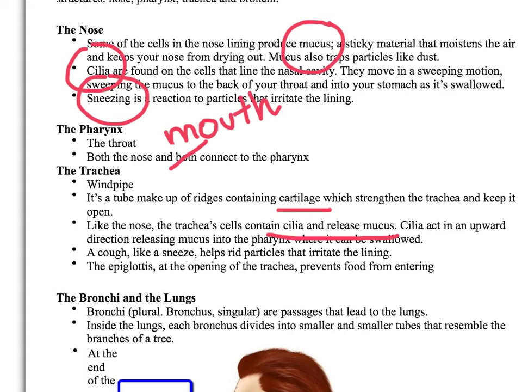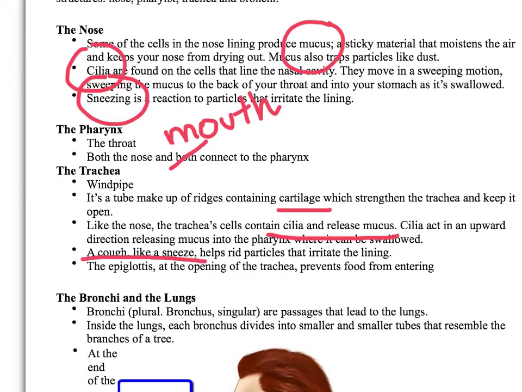So they protect your lungs, and if any particles got through your nose, when they get to your trachea, they'll be trapped by the mucus, and then the cilia will sweep them out of the trachea into your pharynx, where you'll either spit it out, cough it out, or swallow it and it'll go into your stomach.